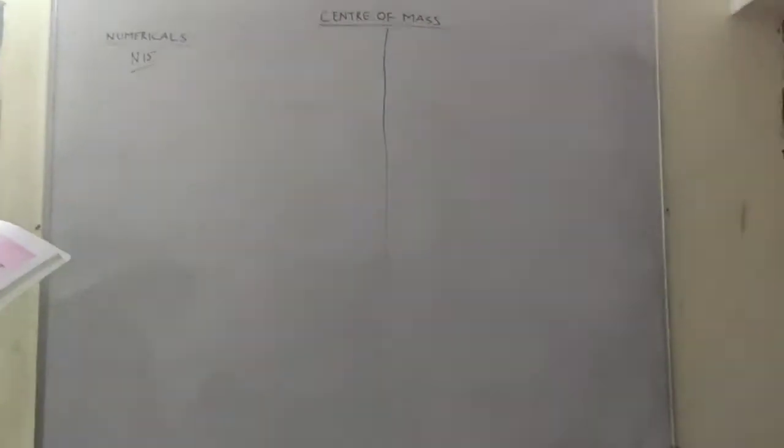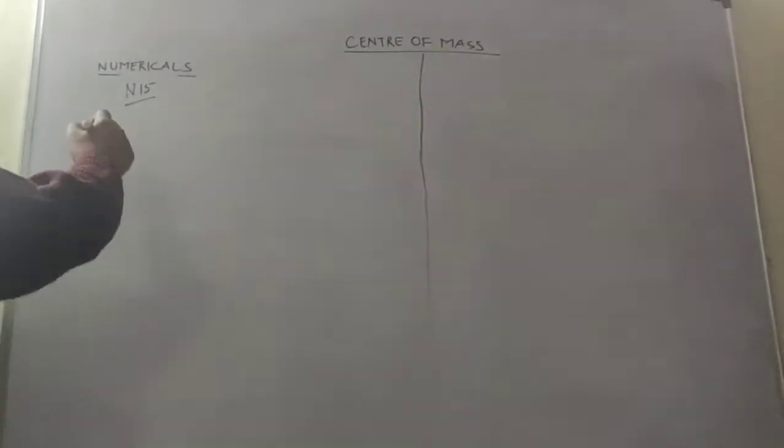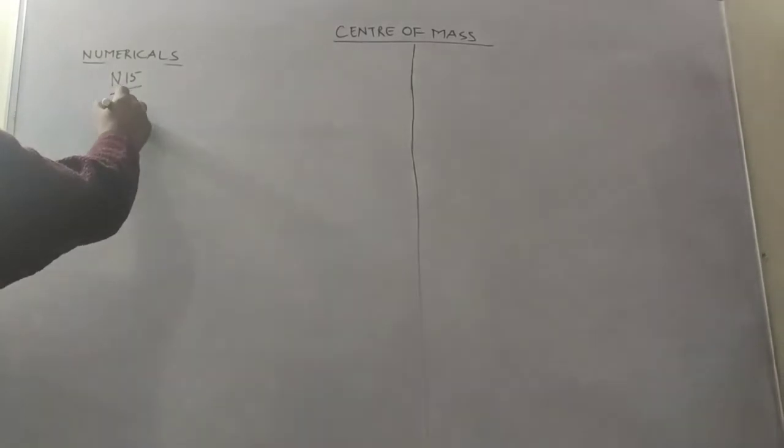Next is numerical number 15 on page 392.